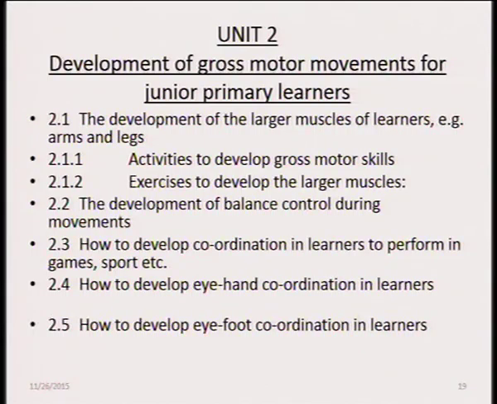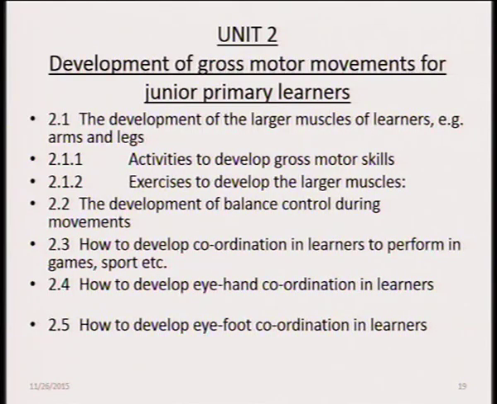You can look at the content of Unit 2, the development of gross motor movements for junior primary learners. 2.1, the development of the larger muscles of learners, for example, the arms and legs, are discussed here. Activities to develop gross motor skills. Exercises to develop those larger muscles.